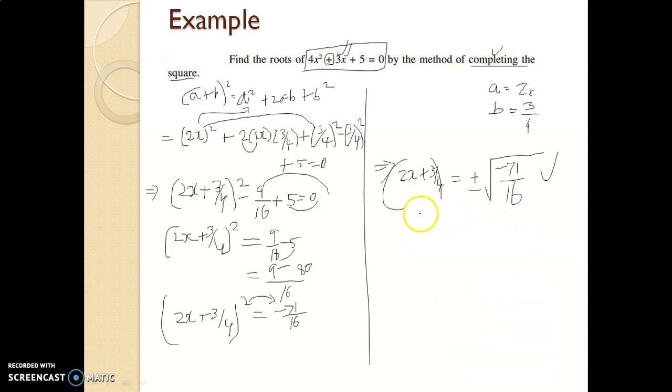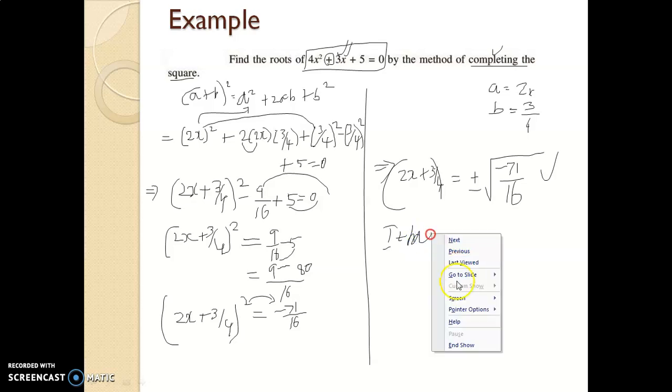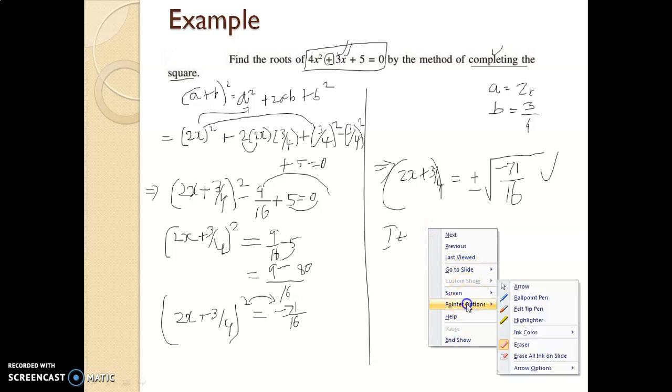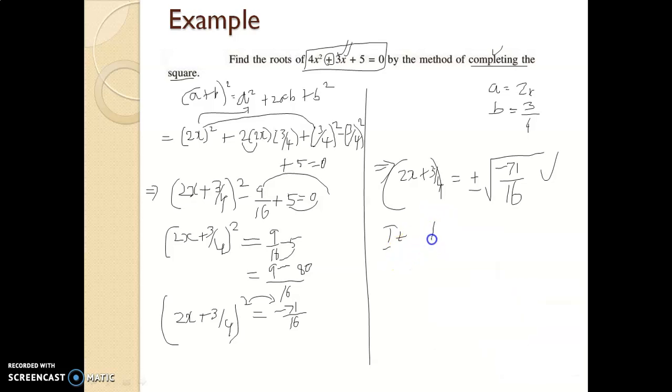You can stop the procedure here itself and write that it has no real roots, that's all. So no real roots. That is the solution.